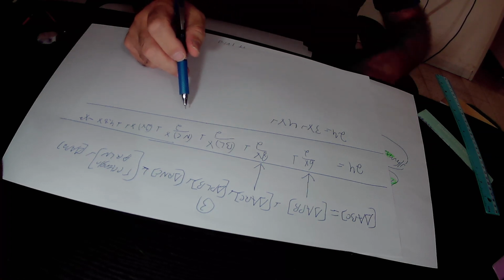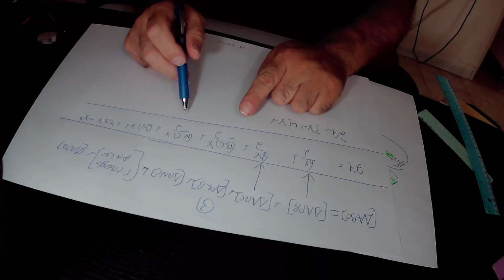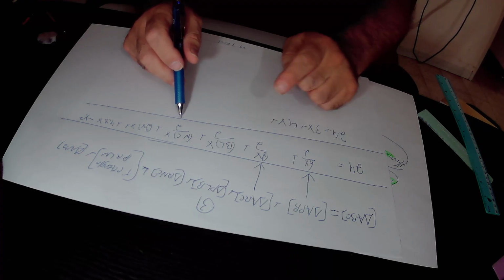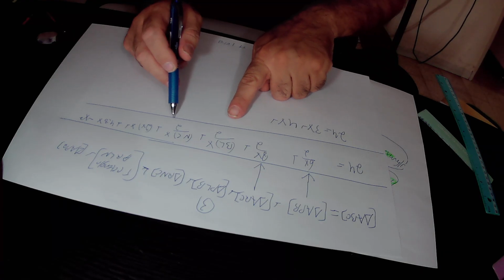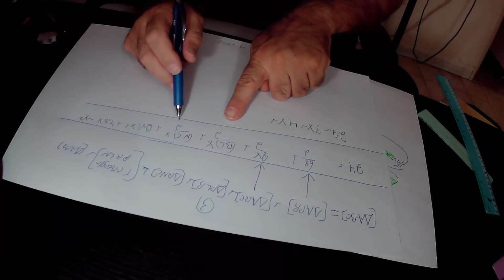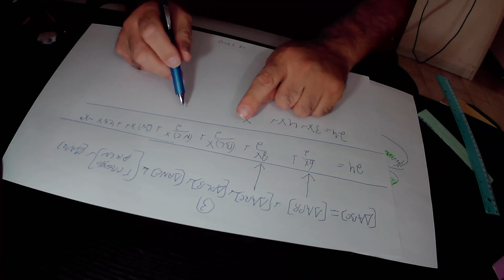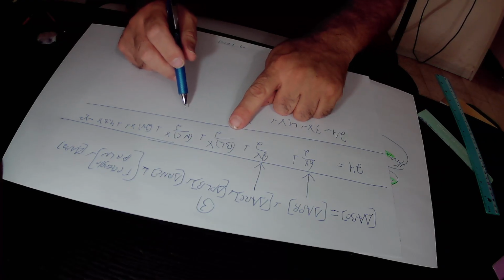So here we have BL times x over 2 plus NC times x over 2. Here we take x over 2 as a common factor from those two expressions. What is left from this expression after we took from it x over 2?